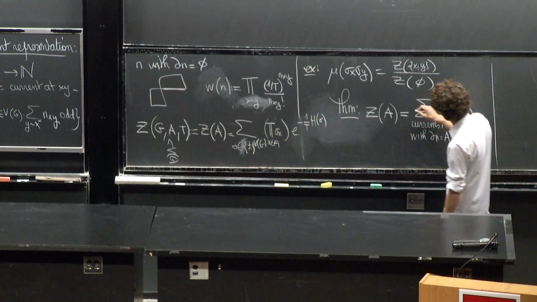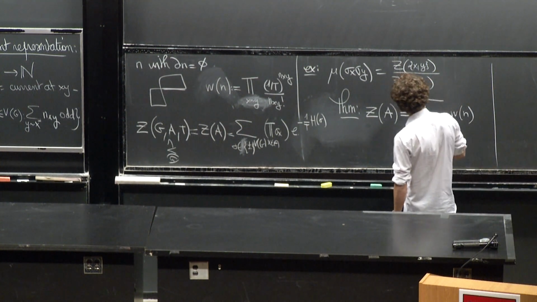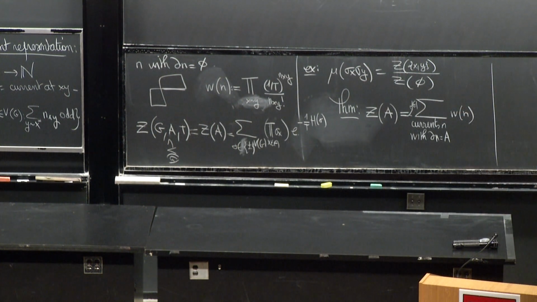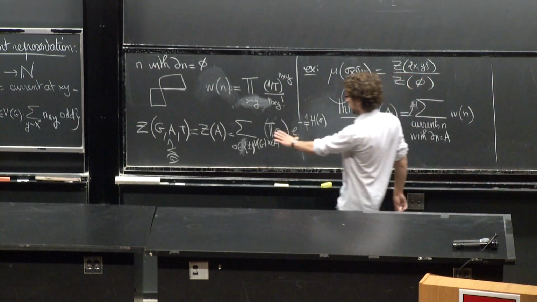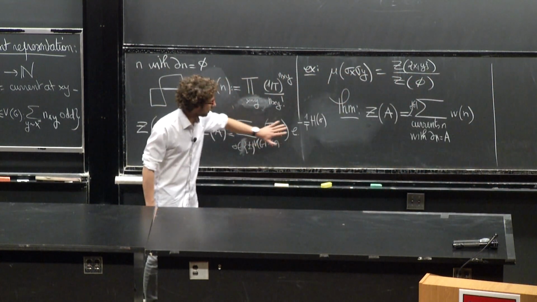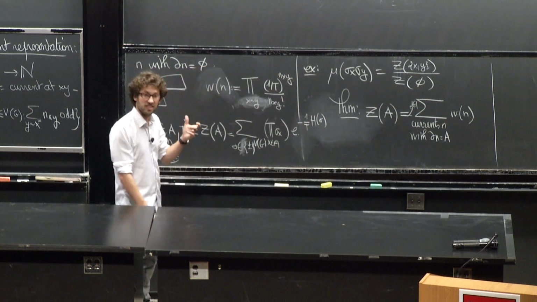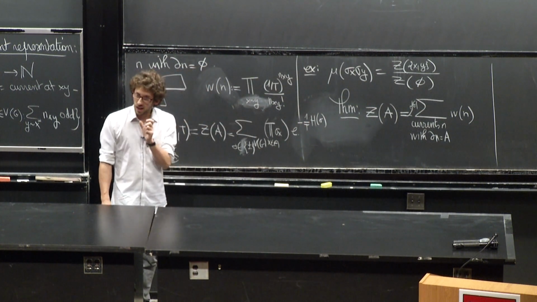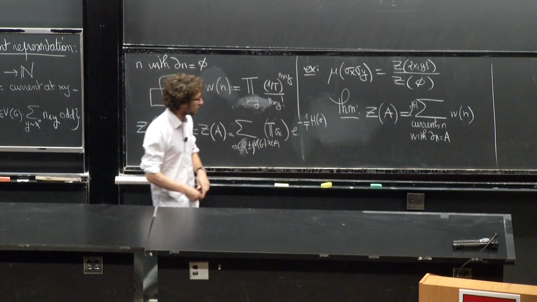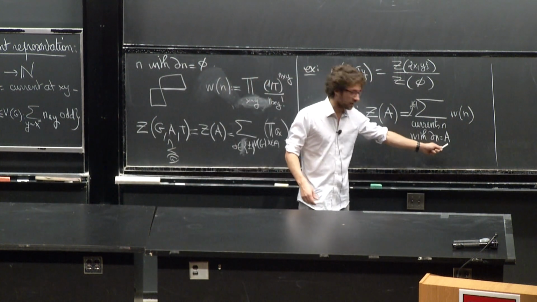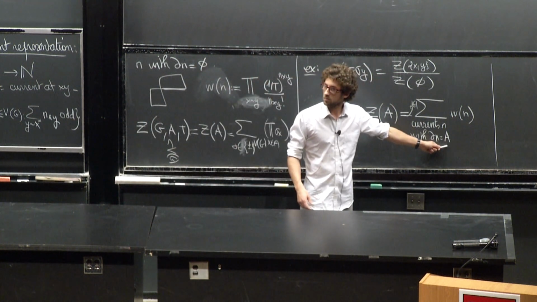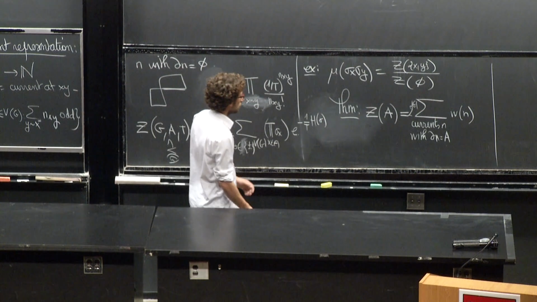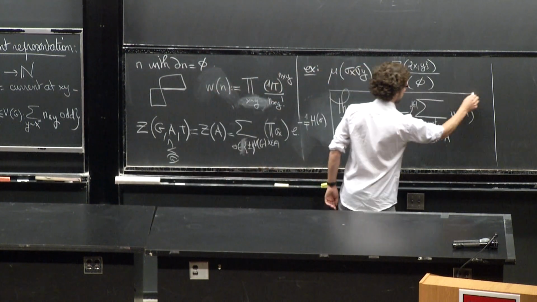And there is just a 2 to the power |G| in front, so up to a multiplicative constant, 2 to the power |G|, this is just equal to the sum of the weighted currents. The only restriction is that the currents are exactly the currents with sources at A. Okay? So this is the first theorem.